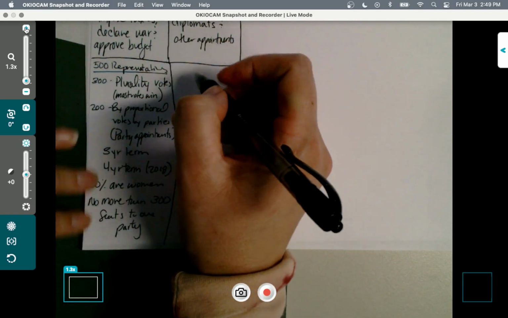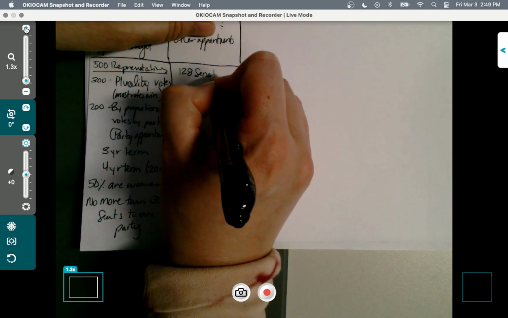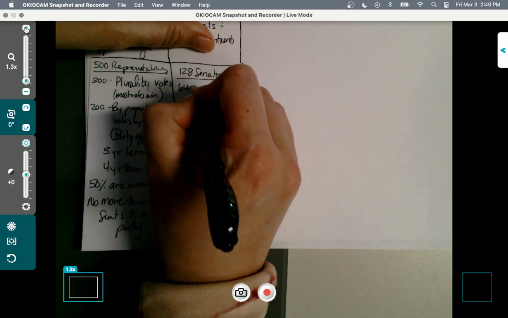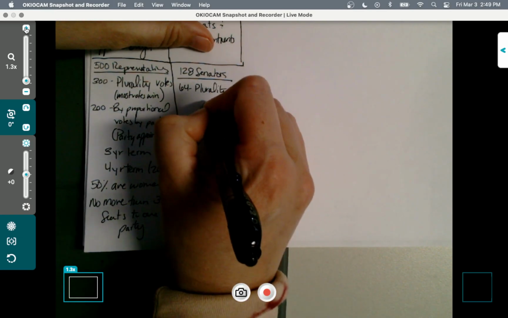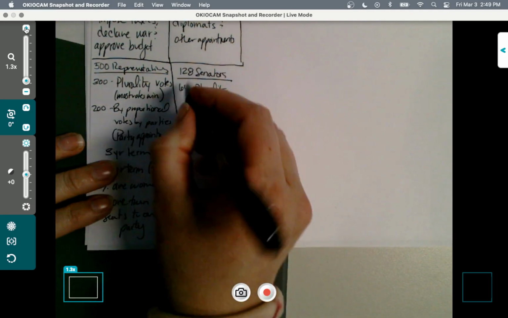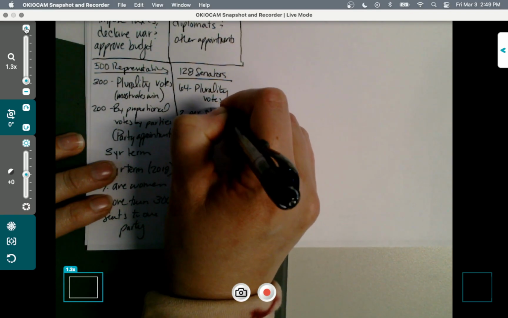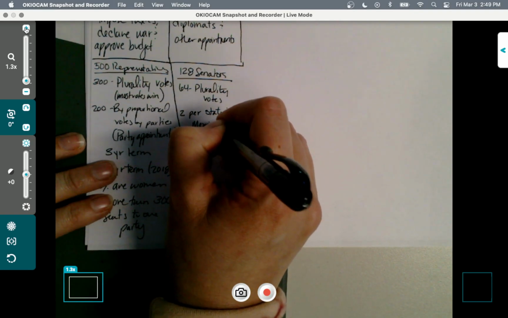Then you have the Senate. It's 128 senators. 64 are plurality votes, which means what? Most votes win. It is 2 per state. And Mexico City.